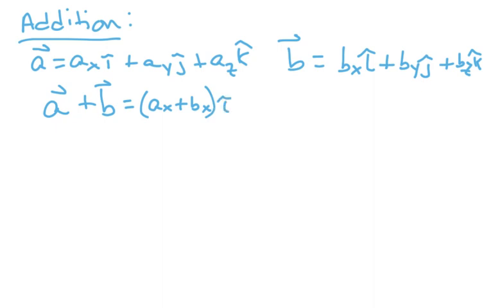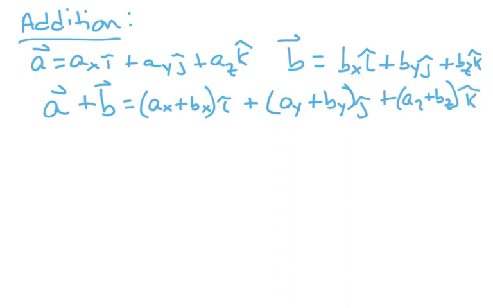So for x, we would just add Ax plus Bx. We would add the i behind it. For y, we would add the y component of A plus the y component of B. Put the j. And the z components, you would just add whatever number was there in front of those, and that's how you add them.